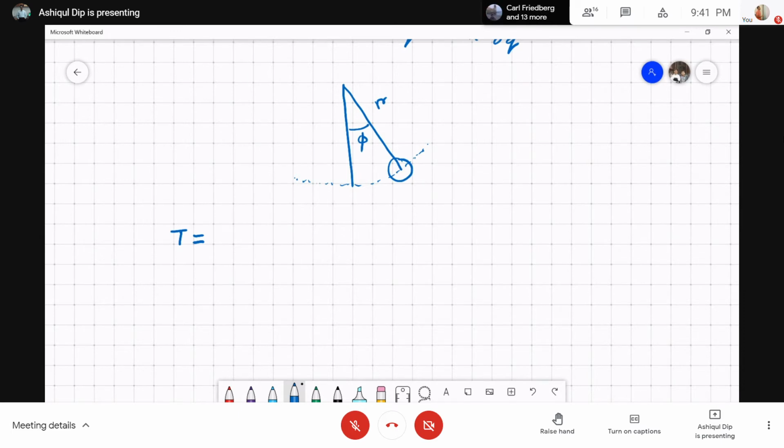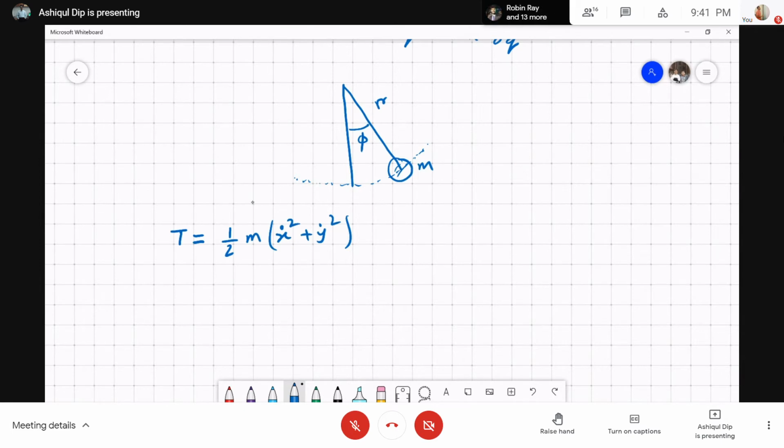If this bob has mass m, then its kinetic energy would be half m times x dot squared plus y dot squared in Cartesian coordinates. Now we need to change this into polar form, so we need to find the relation between r and phi and x and y.